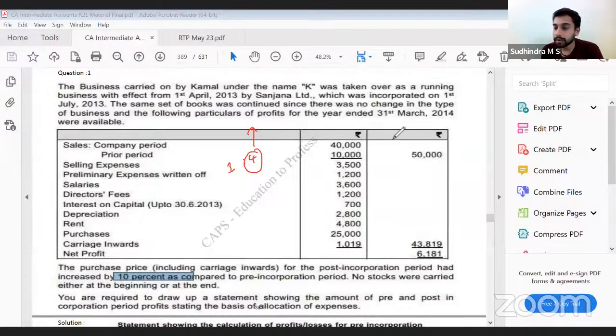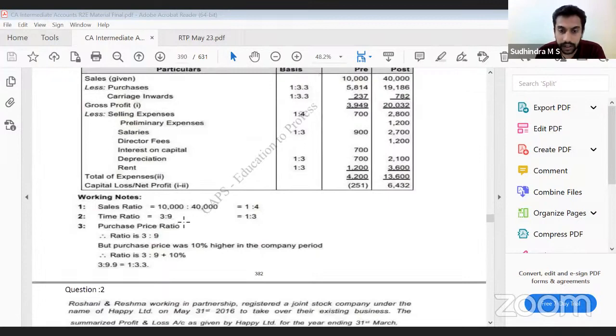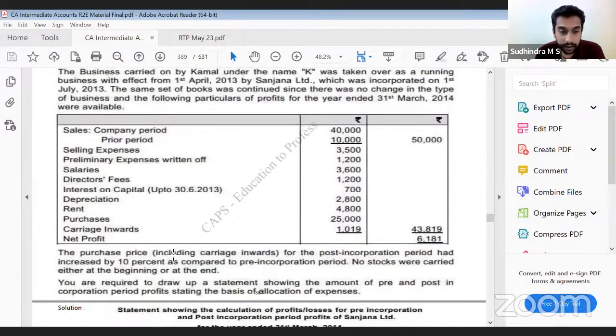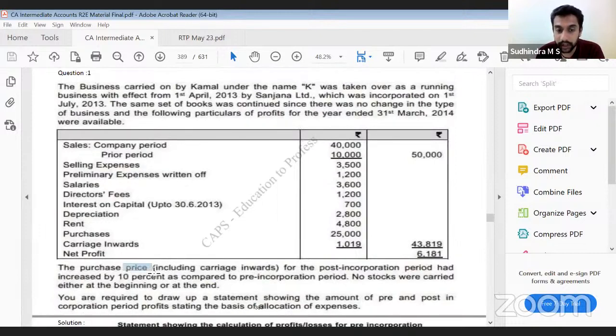Here it increased by 10%, so that can be considered, but I think this is logical: 1:3.3. Anyhow, we'll look into the answer later. Yes, that is how the institute would also have considered 1:3.3. The use of the word price is misleading, I understand, but when they say purchase increased by 10%, they are going with the amount of purchase itself, the value itself. So 1:3.3 will be the purchase ratio.